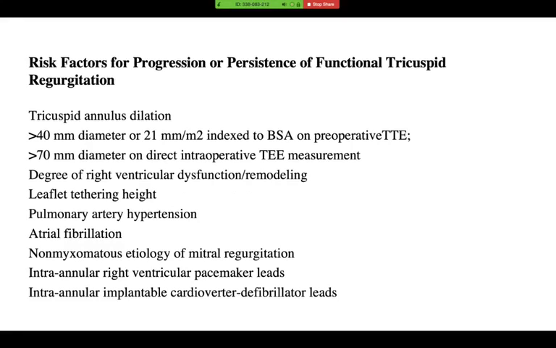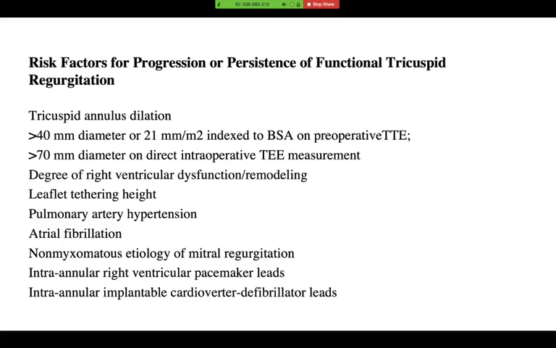So we divide functional TR into 4 stages: stage 1, stage 2, stage 3, stage 4. Stage 1 includes the risk factors for progression or persistence of functional TR.